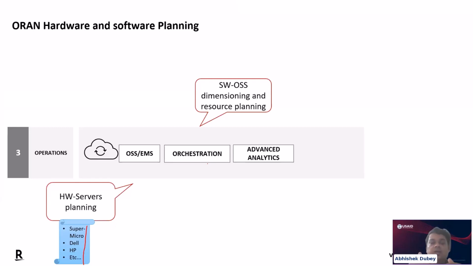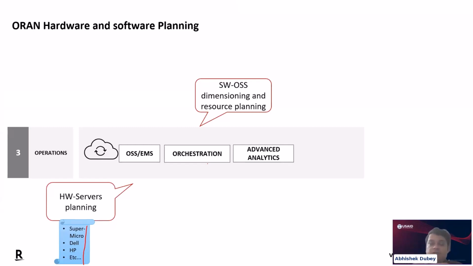You have to plan how many EMS or OSS you are going to deploy, keeping in mind that those servers need to provide a high-level capability. A high-level environment means it should have geographic redundancy.